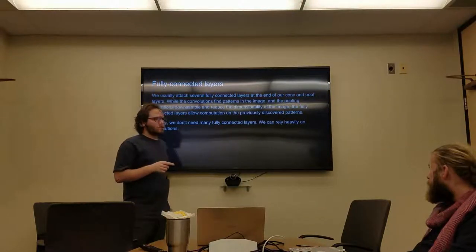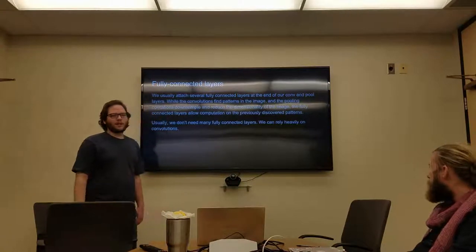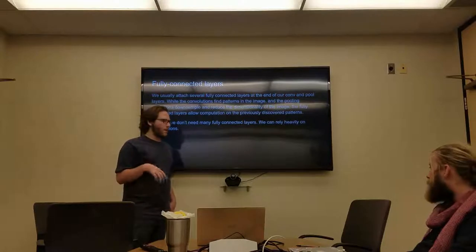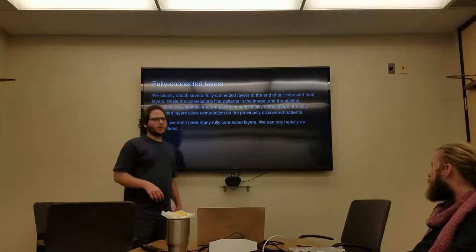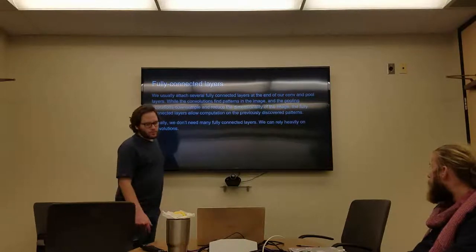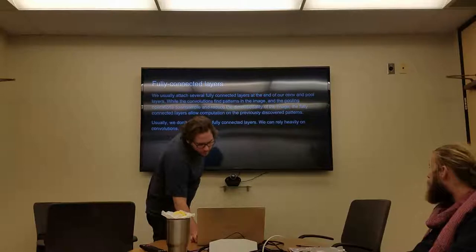These are going to usually not be very numerous, only a few. The last one, of course, is probably going to be softmax, so you can get the probability distribution amongst the classes. But yeah, we're mostly relying on the convolutions for convnets.